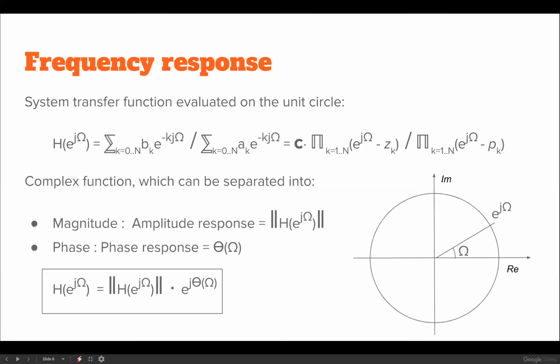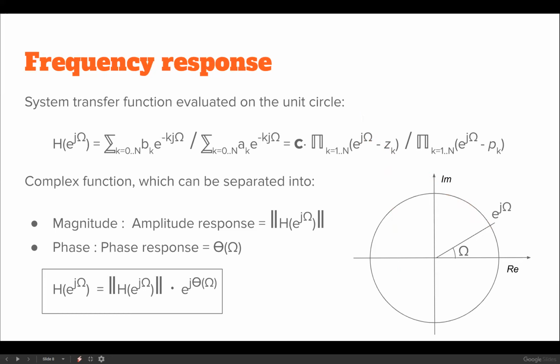Graphically, on the z-plane, you have this complex unit circle, and e to j omega is a point on the unit circle. It makes some sense when you think of the product form, where you have the zeros and poles of the system. Then you basically have this point minus zk.